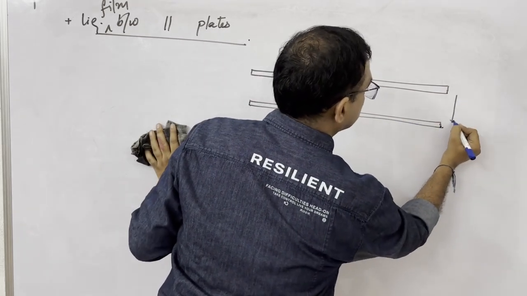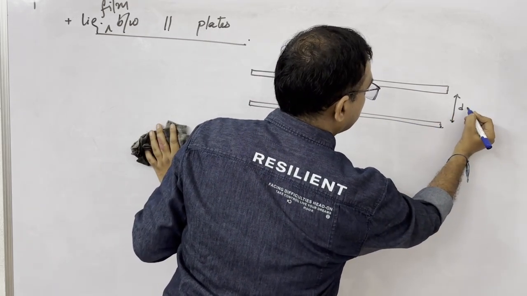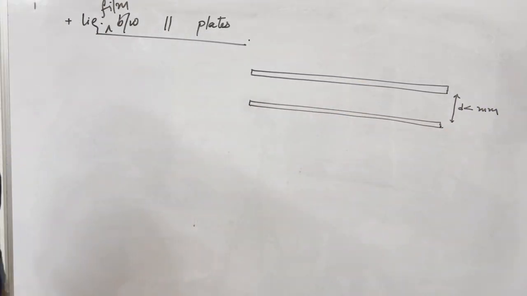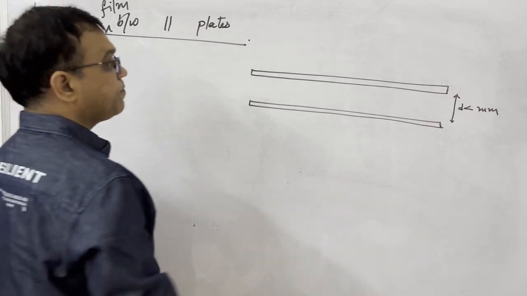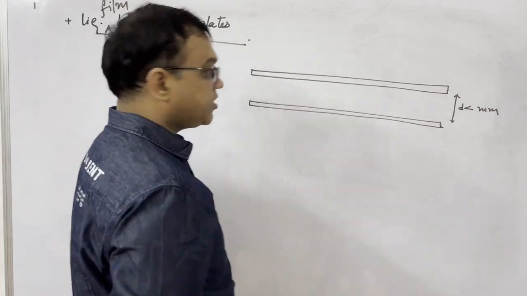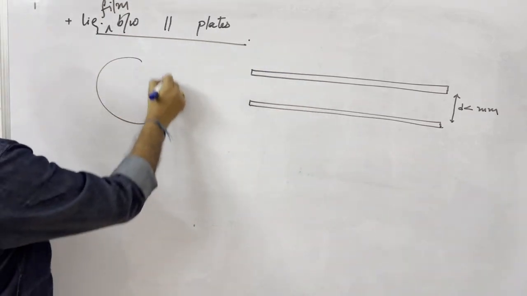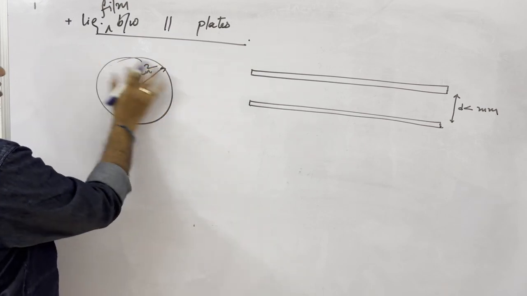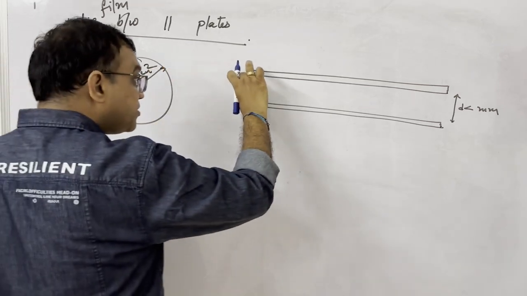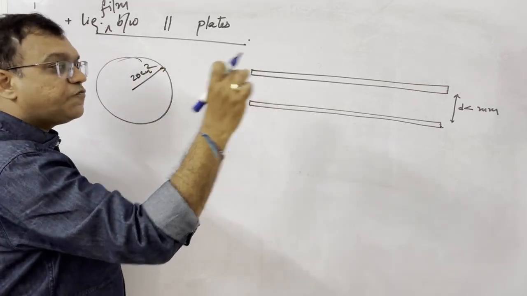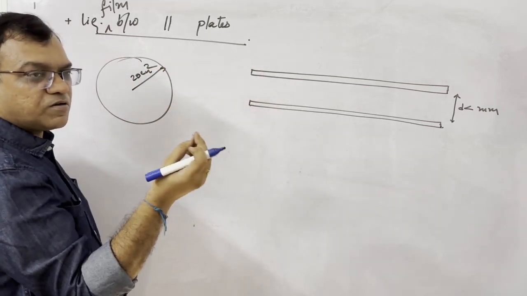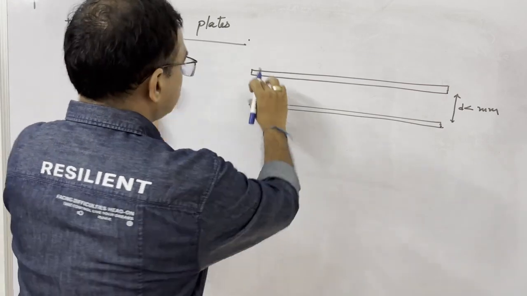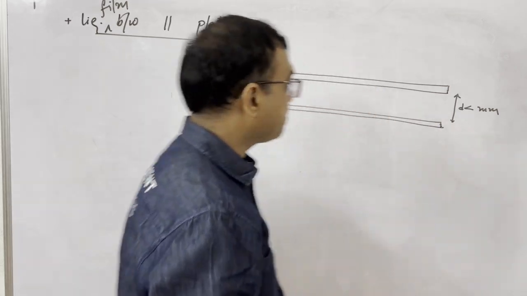Actually, this thickness is of the order of less than a millimeter, but only for clarity purposes it has been shown this much. And this area, you can say a plate of some 20 centimeter square area, and the separation is only a fraction of a millimeter.